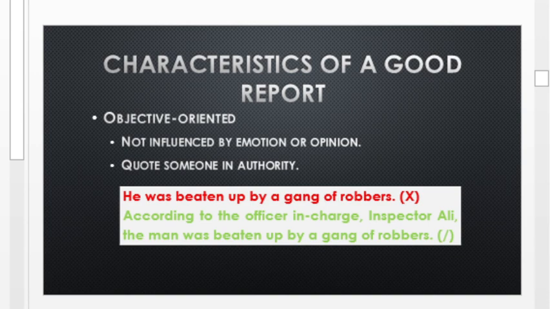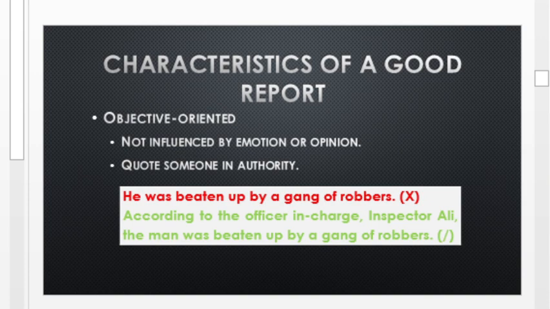Okay, the next one, you have to make sure that your report is objective oriented. Means to say, it is not going to be influenced by emotion or opinion. Okay, and the best is that it has to be quoted from someone who is in authority, like we have here. Okay, we cannot simply write that currently the number of cases is rising to 4,652 cases, because people would like to know from whom you know the figure.